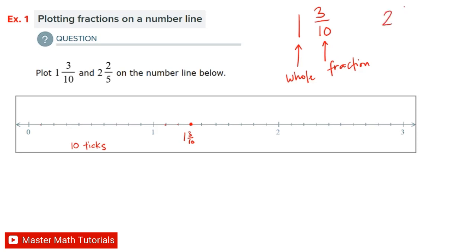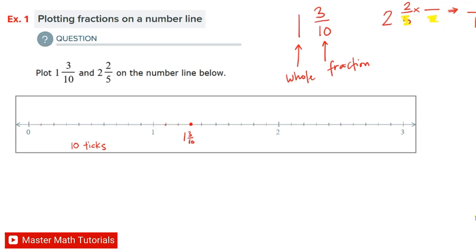Since there are 10 ticks between each whole number, we have to convert 2/5 to tenths so that we can easily find it. So we convert the fraction to a common denominator with the ticks. Think of a number that you can multiply 5 by to make it a 10. 2.